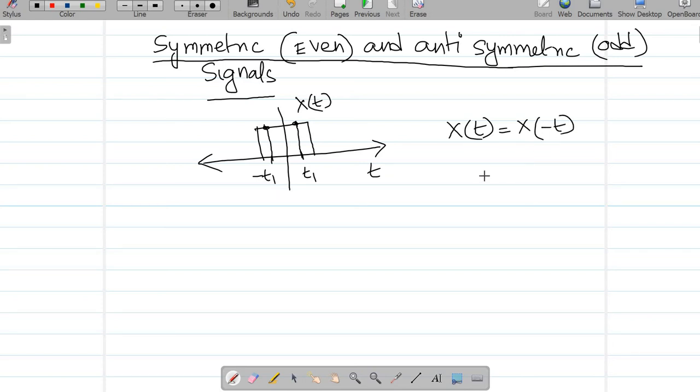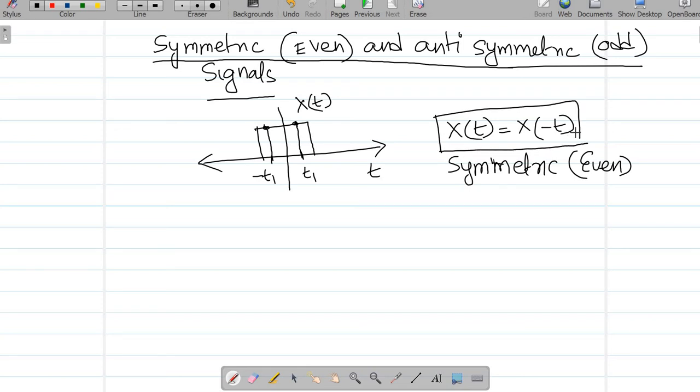When this condition is satisfied, for a signal, if I take the time reversal of the signal, and if the time reversed signal is equal to the signal itself, then such a signal is known as a symmetric or even signal. In other words, it is known as even. So this condition should be satisfied for a signal to be a symmetric or even signal.